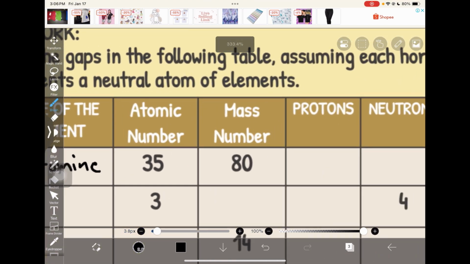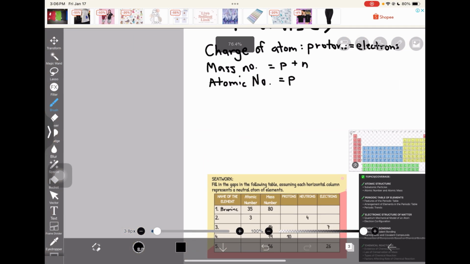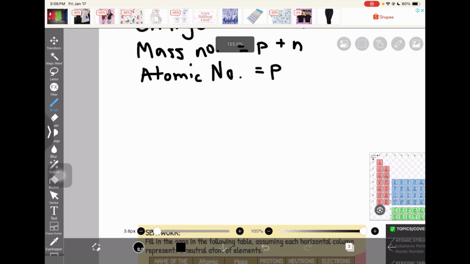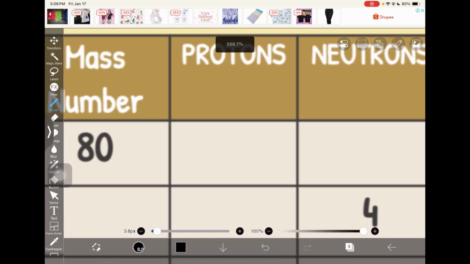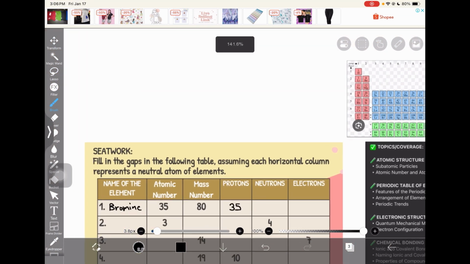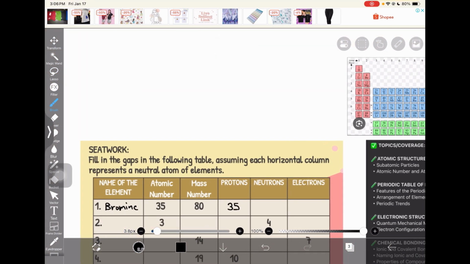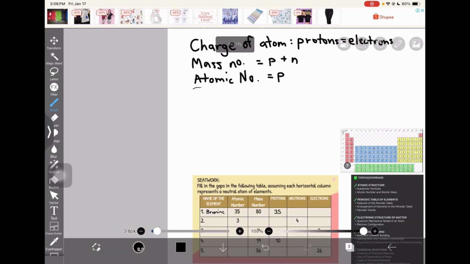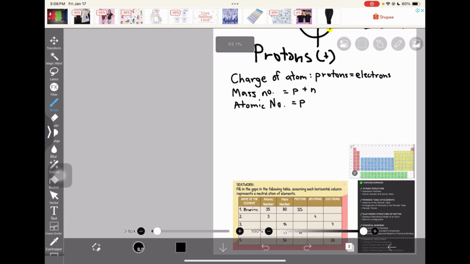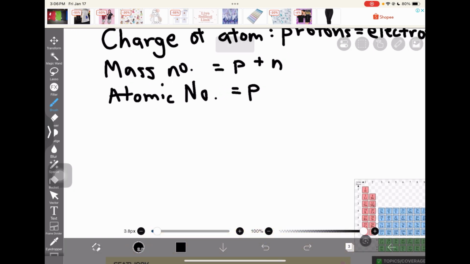Now we have the atomic number. What we can also find from the atomic number is not just the name of the element, but also the protons, which is 35. Since the atomic number is equal to the protons, as you could see over here. Then, for the mass number, it's just protons plus neutrons.